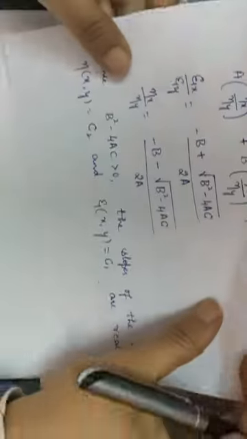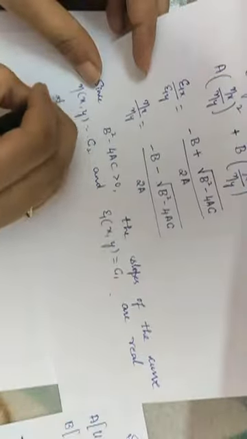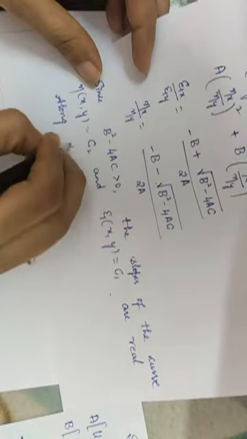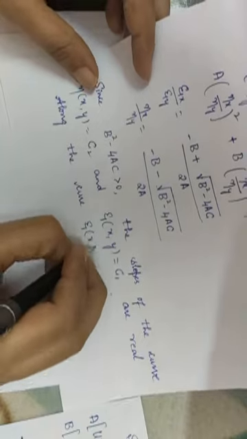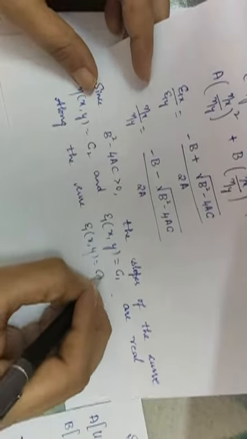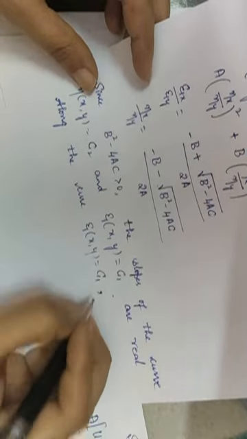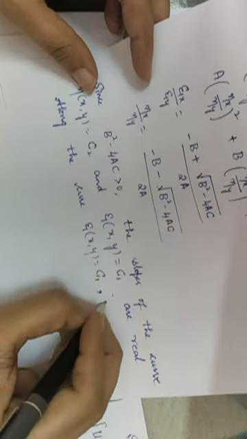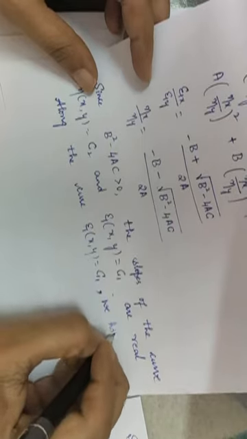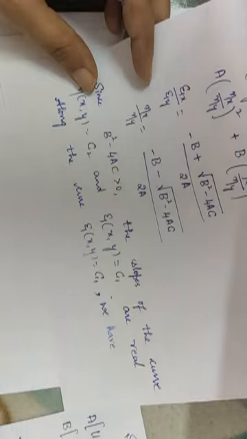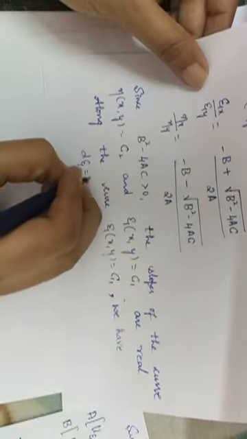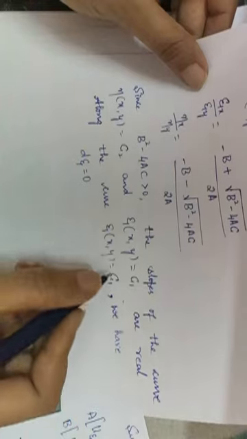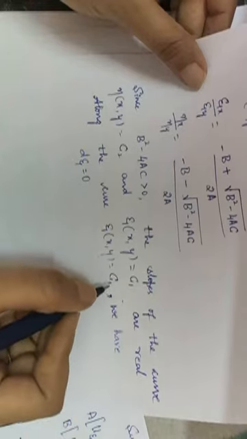So if you consider along the curve ξ(x, y) = c1, and differentiate this, we will get dξ, and the value of dξ is 0. Here c1 is some real constant, right?